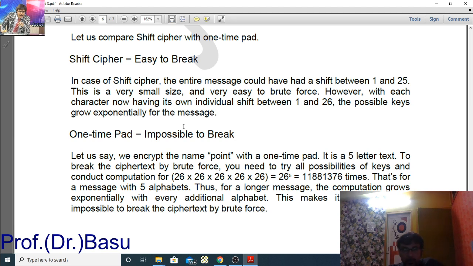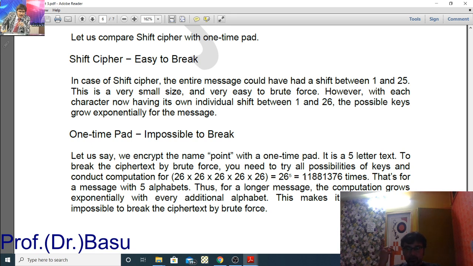So how many combinations may we expect for a 5-letter plain text? 26 multiplied by 26 multiplied by 26 and so on, according to the permutation technique.